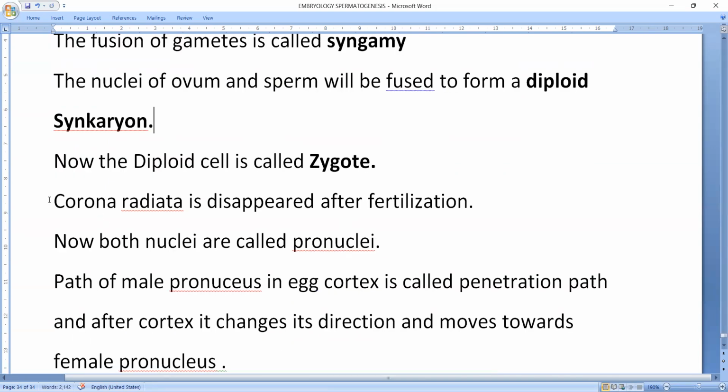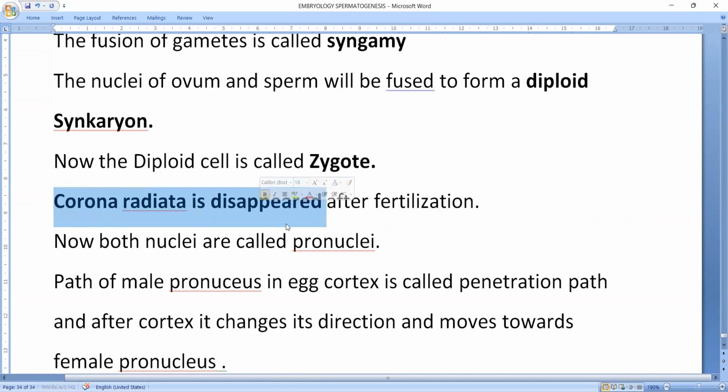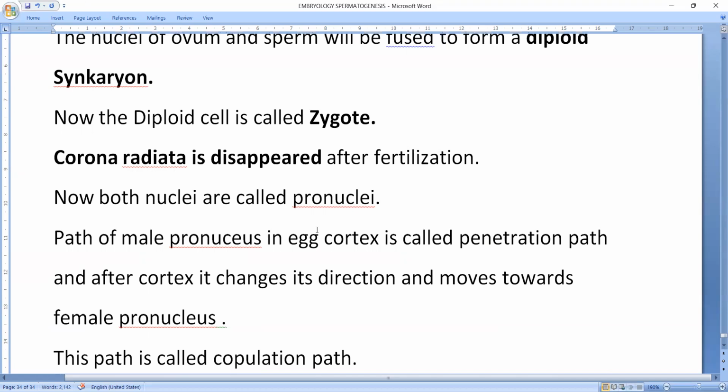So after formation of zygote, corona radiata, outermost layer, that is disappeared. And what about the stromal cells and cumulus oophorus? అవి ఆ ఫాలికిల్లోనే ఉండిపోతాయి. ఓన్లీ కరోనా రేడియేటర్ మాత్రమే బయటకు వస్తుంది ఓవరీ నుంచి విత్ ఓవమ్. సో నౌ బోత్ న్యూక్లియై ఆర్ కాల్డ్ మేల్ అండ్ ఫీమేల్ ప్రోన్యూక్లియై.